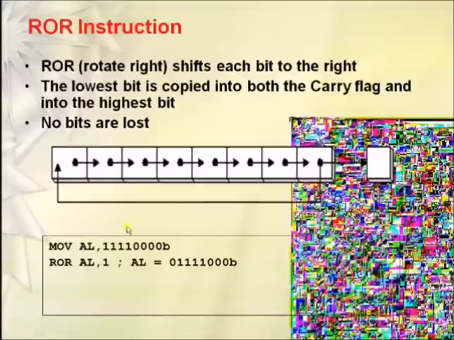If you go for rotate right instruction, it performs shift operation up to this LSB, and this LSB will be moved into this carry flag, and the same LSB gets copied into the MSB.